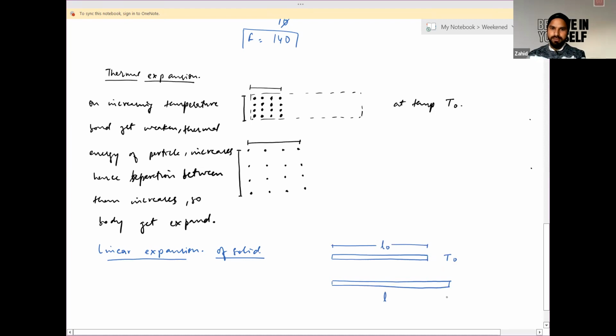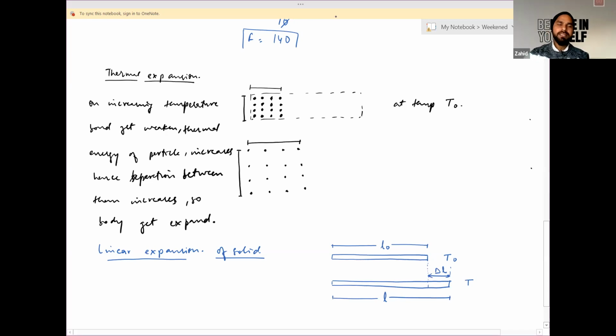Let's say the length becomes L at some temperature T. This was initial and this is final. So the change in length from this point to this point will be delta L.